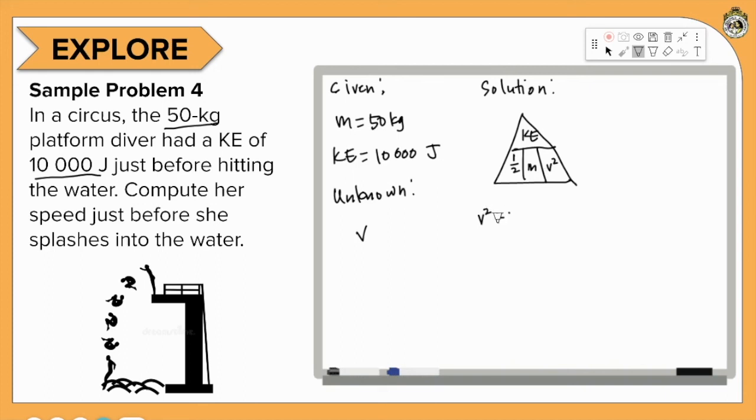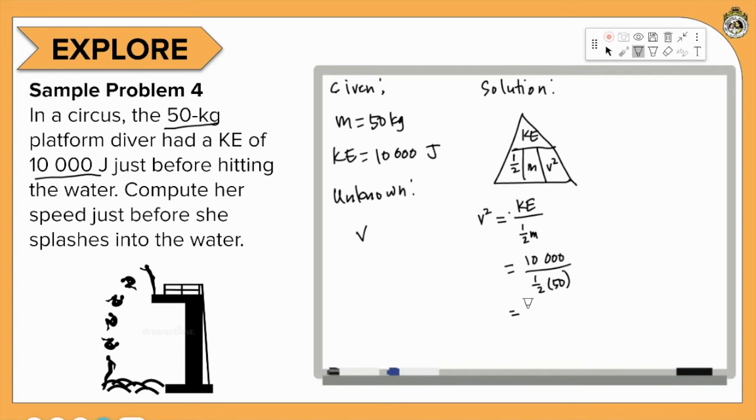Looking at the formula, v squared is just kinetic energy divided by 1/2 of the mass. In other words, for the denominator, you're supposed to get half of the mass. So, kinetic energy is 10,000, and half of the mass, 50, is 50 divided by 2, which is 25. It's easier for you to solve the denominator first.